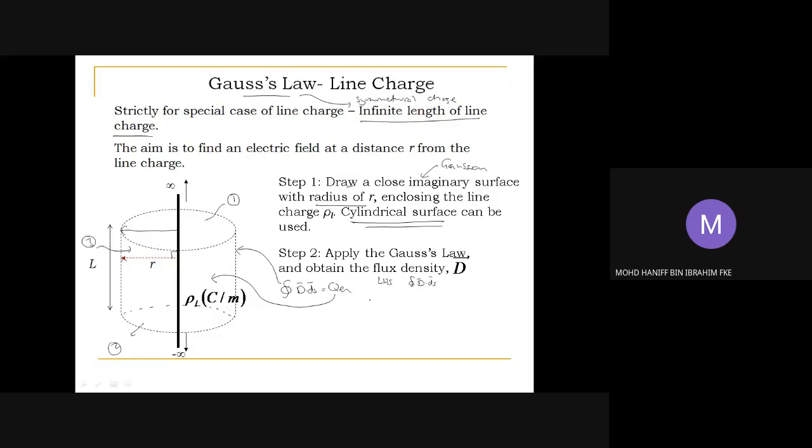So we have the closed integral of D dot dS equal to the integral of D dot dS for surface number 1, plus the integral of D dot dS for surface number 2, plus D dot dS for surface number 3. Now let us evaluate these integrations one by one.